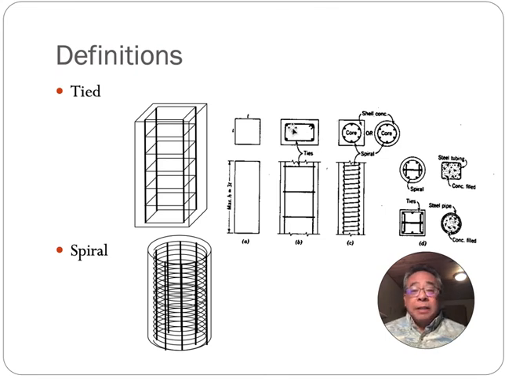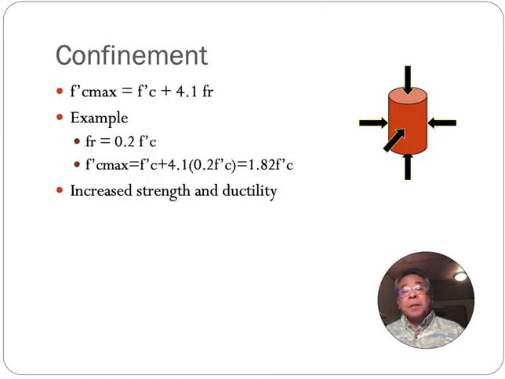And maybe one day we'll talk about, remind me to tell you about the Mander model that will tell us how strong the concrete inside those ties are. But for now, all you need to know is that when you confine concrete, it gets stronger. And if you took 3210 CE materials from me, we talked about how you get a significant increase in compressive strength if you confine it.